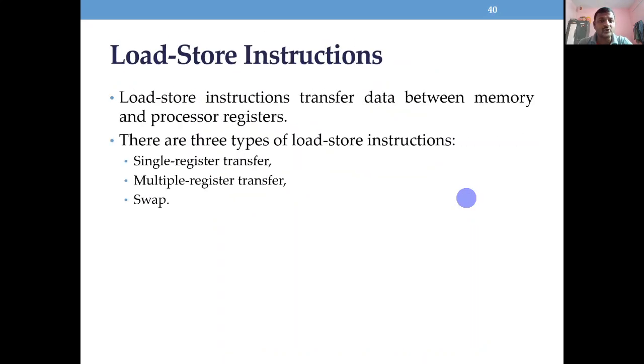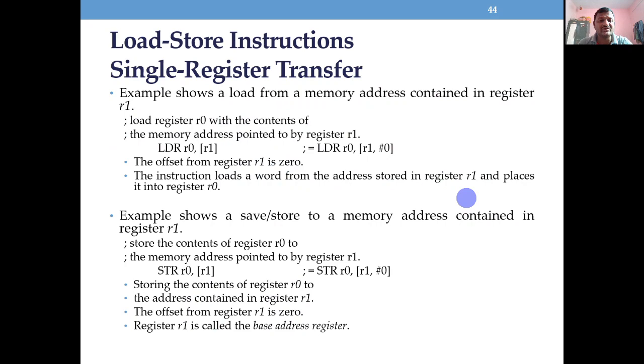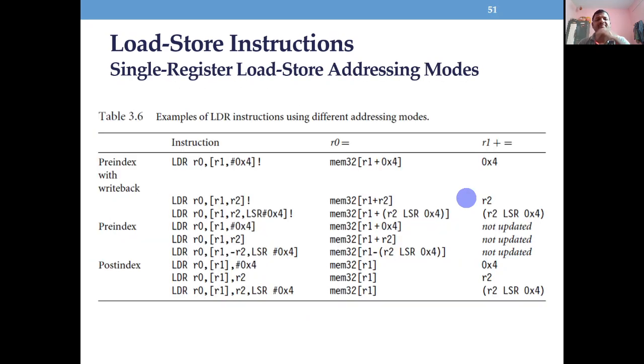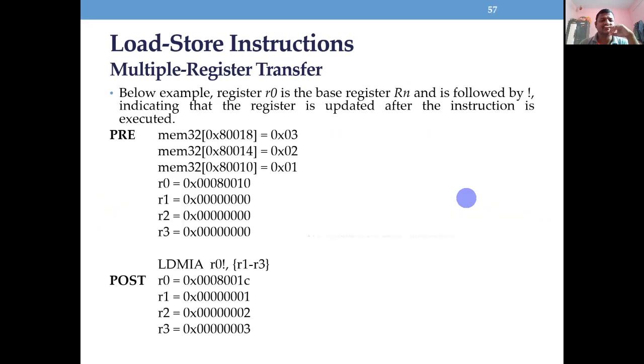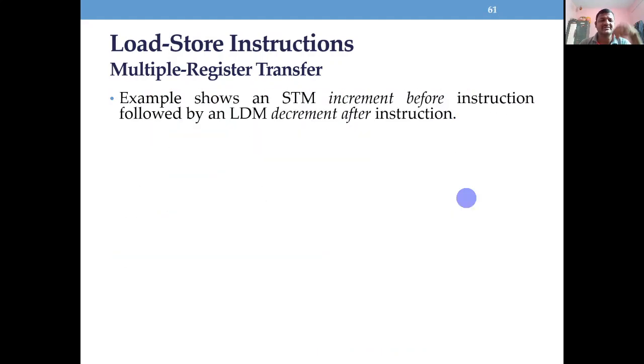Then we'll start with load and store instructions. There are different types of load and store instructions; we'll discuss them one by one, slowly. After that, single register transfer and multiple register transfer are more time consuming, which we have to discuss.